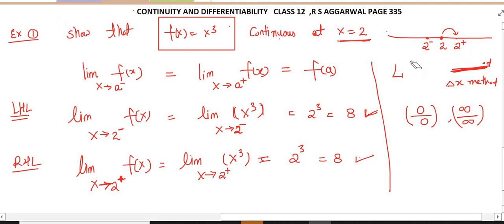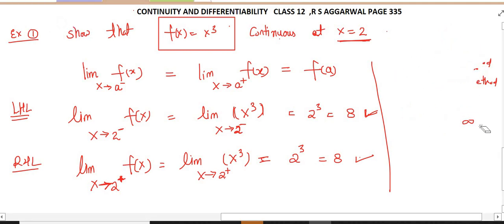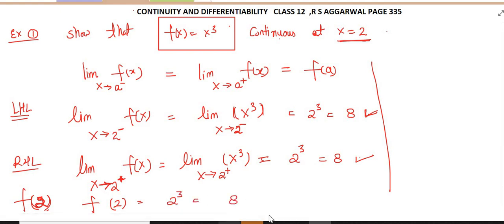Now we will find the function value. The third thing that we have to check is the functional value, which is f of 3. F of 2, because we are supposed to find the value of function at 2. So let me solve it. F of 2 will be 2 cube, which is also 8.